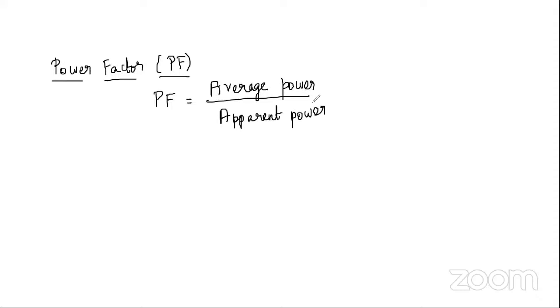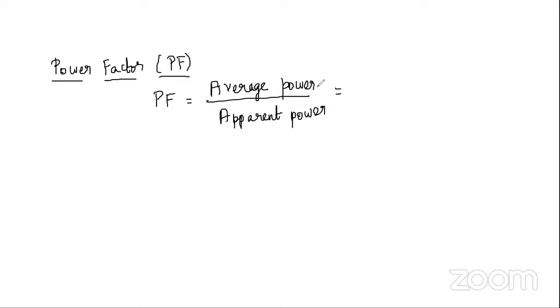Power factor PF is actually the ratio of average power to apparent power. So the average power to apparent power ratio, this is actually the expression for power factor.